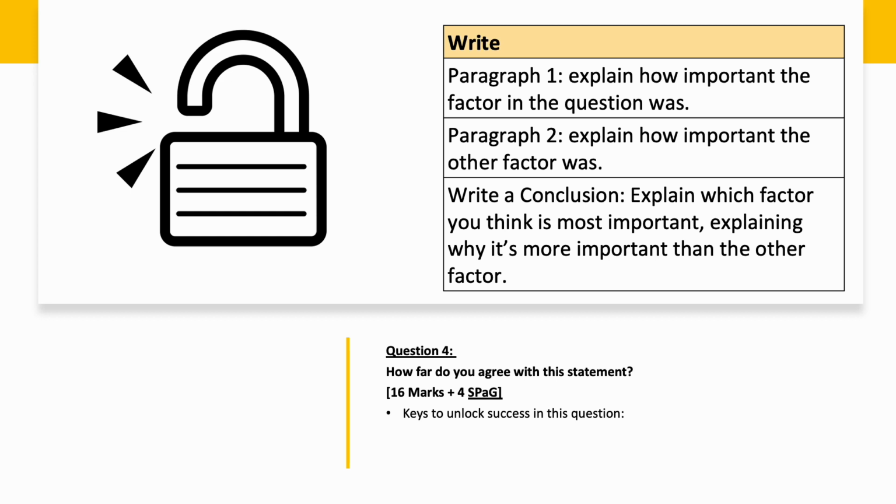The conclusion is where you explain which factor you think is most important and you justify why. But what's quite crucial is you don't just say, this is the most important because. You say this is the most important because, and it's better than the other factor that I've mentioned because of this. So it's talking about relative importance, explaining why it's more important than the other factor.